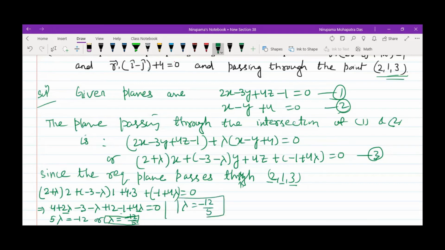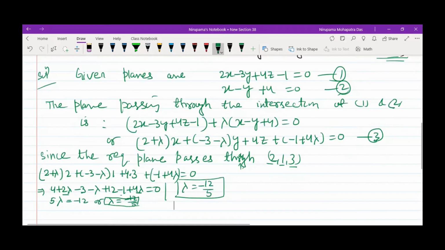Now put the value of lambda in equation 3. Can you do it?